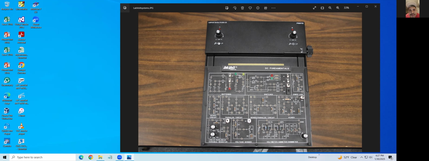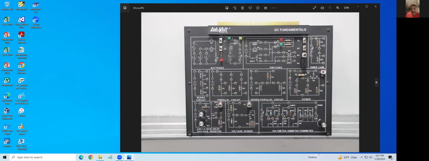So if they ask you to adjust 10 volts, then you have to use this port here. If they say I want minus 10, then you have to use that one.